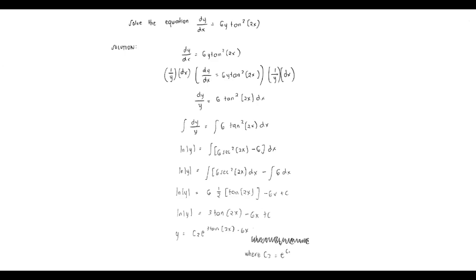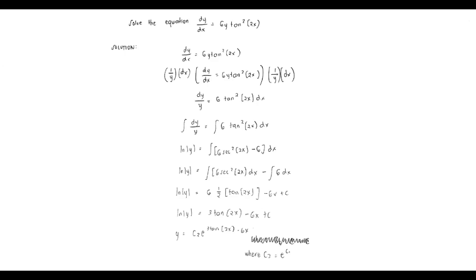Now for our next and last example, we have: solve the equation dy/dx equals 6y tan squared 2x. Let's solve it. We write the equation in terms of differentials and integrate both sides. So we have dy/dx equals 6y tangent squared 2x.